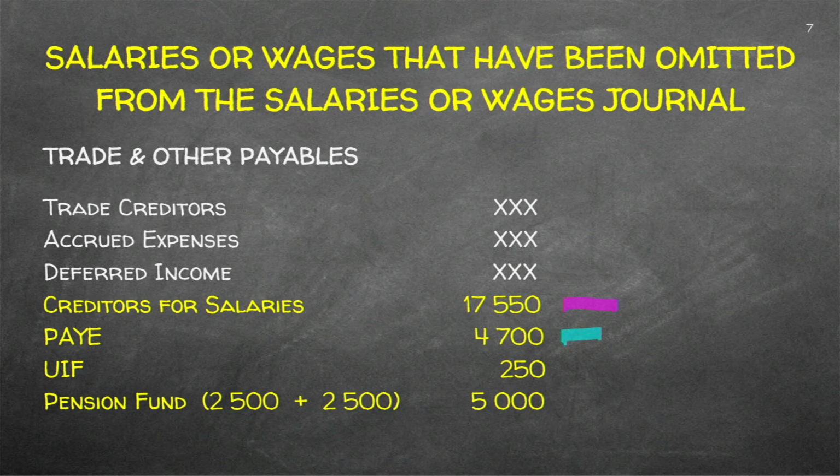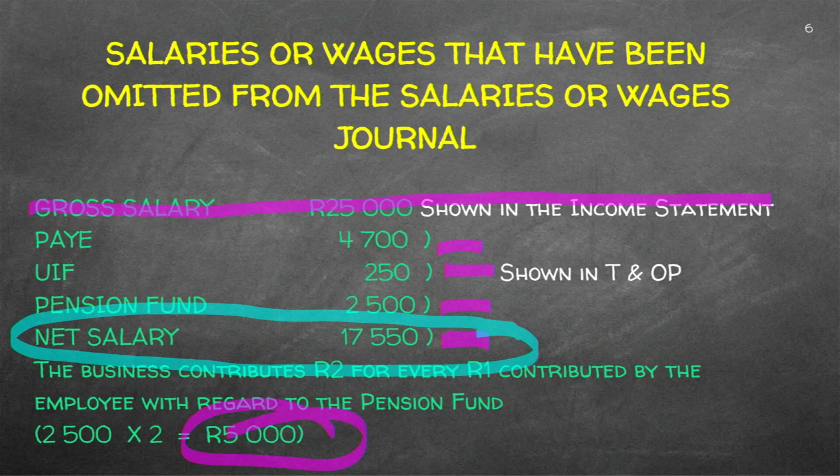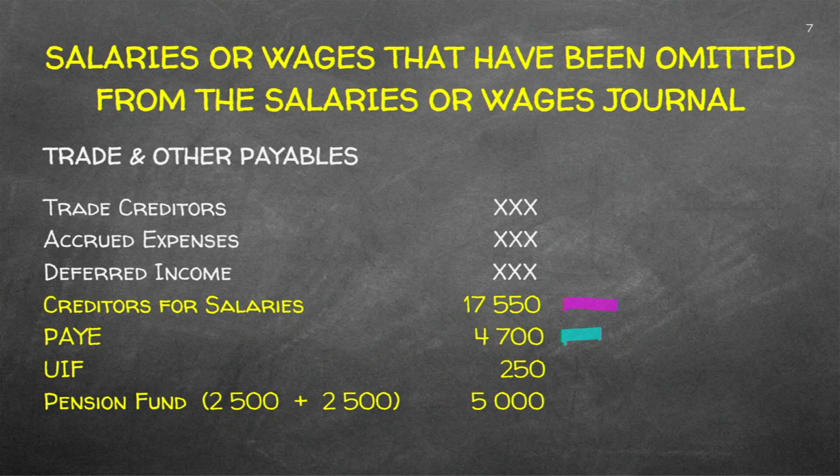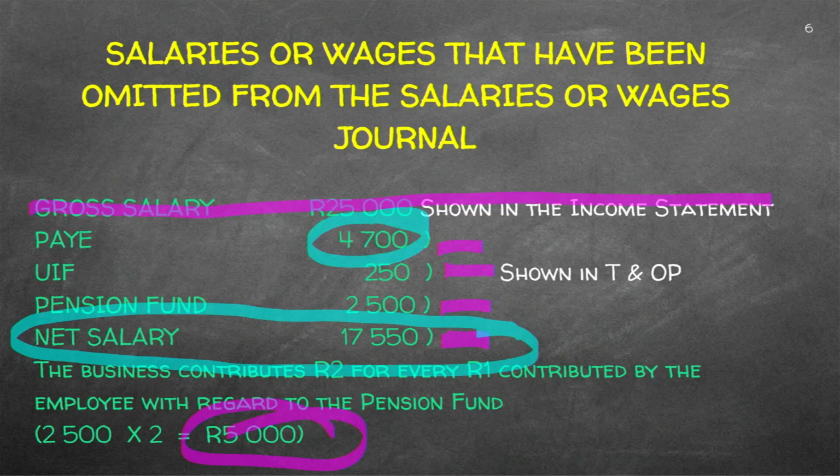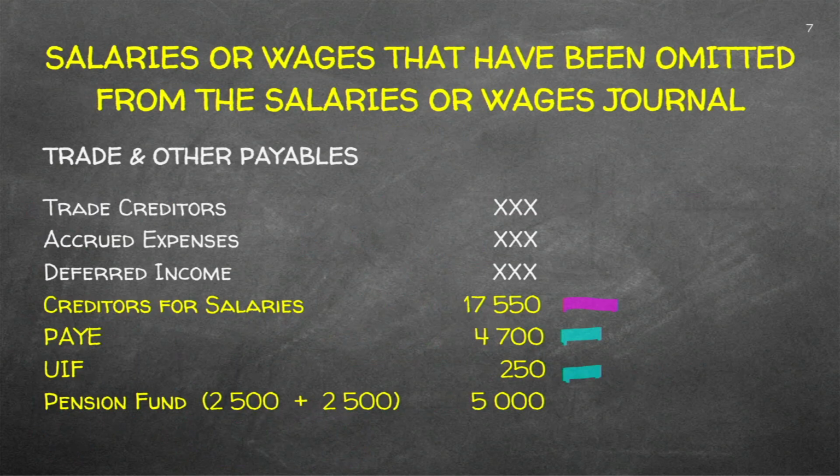PAYE, 4,700 Rand. And let's go back a slide. PAYE, 4,700 Rand. UIF, 250. There it is. And now the pension fund. Let's go back and have a look what we did here. Remember, we had 5,000 Rand because we said it was 2,500, which was the deduction, and 2,500 Rand, which was the contribution. So, can you see? I'm showing bracket work.